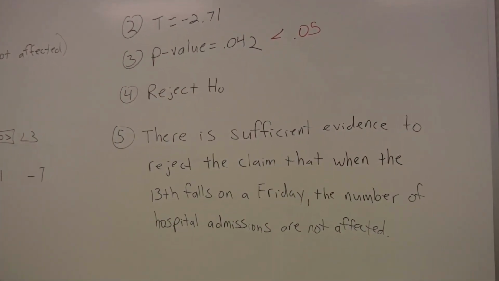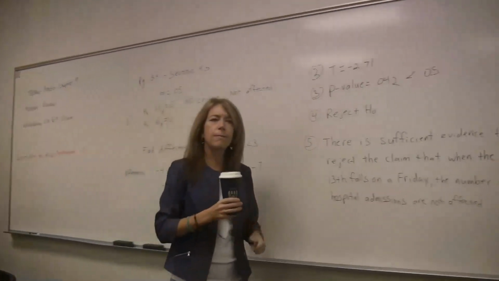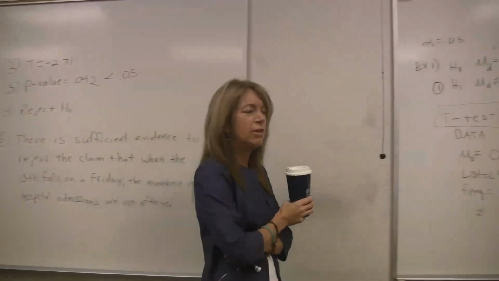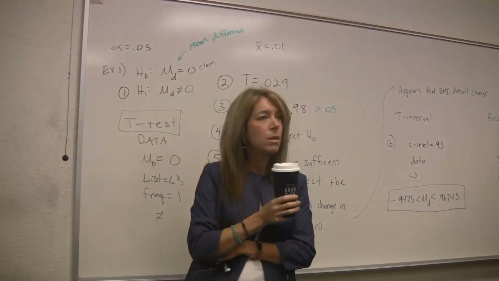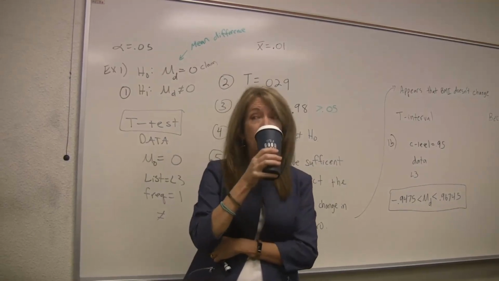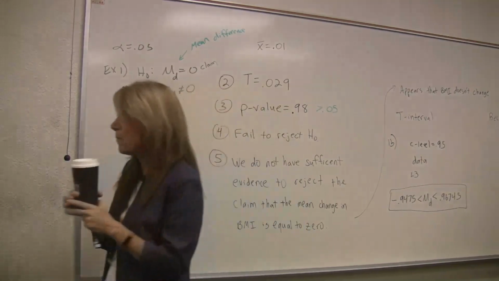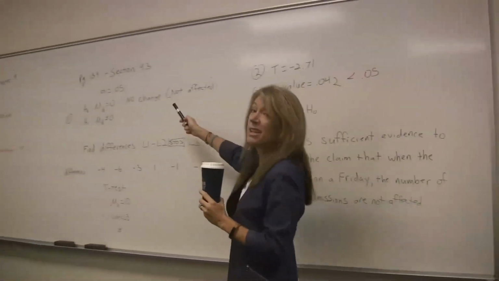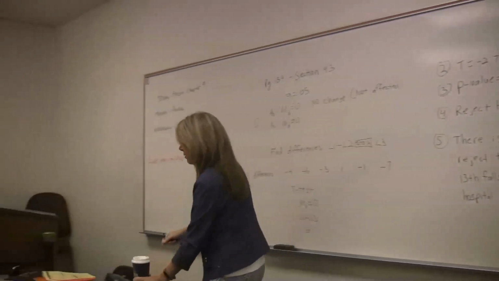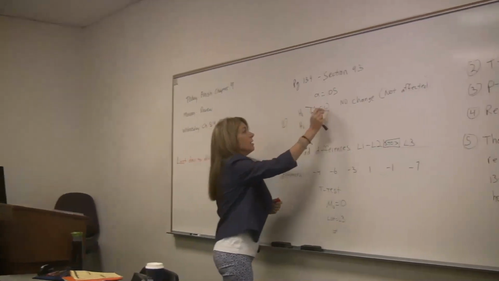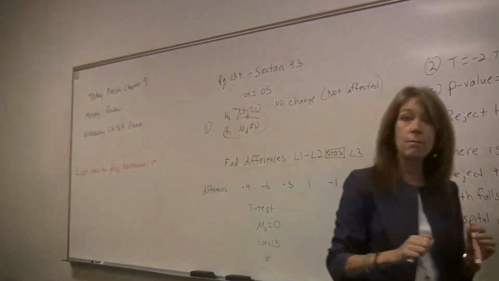In your own words, what does that tell you? In your own words. You had to go tell somebody what you just found out. Friday the 13th doesn't matter, right? Doesn't matter? Does matter? Because it doesn't equal 0, it means that there was a change. You see that, Kevin? We rejected that it equals 0. If you reject this, that means there is some difference.